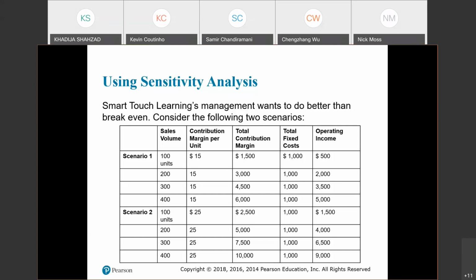The two components of contribution margin are sales price and variable cost. So, an increase in contribution margin can be created by an increase in sales price per unit, or a decrease in variable cost per unit, or a combination of both.